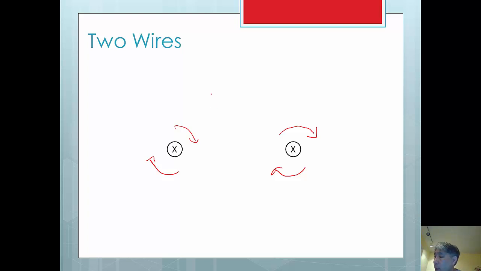At some other point up here, my magnetic field from the left is going like that. My magnetic field from the right, a little bit weaker, will be going like that. And the combination looks something like that. The net result of all of this is that my magnetic field from these two wires is going to look something like this.